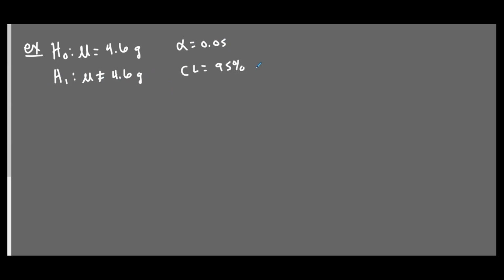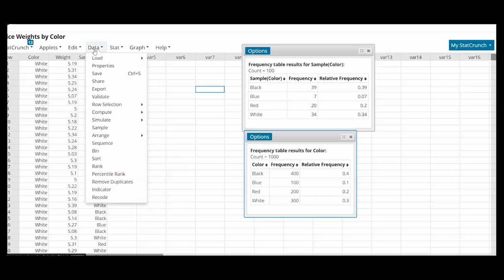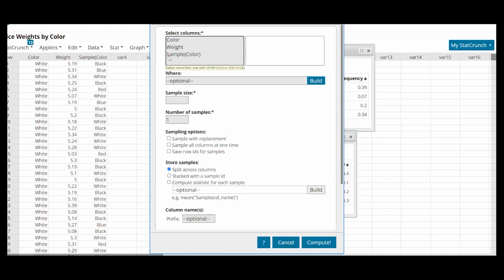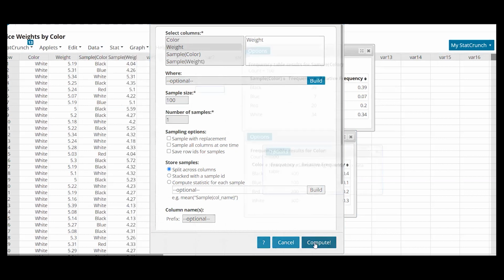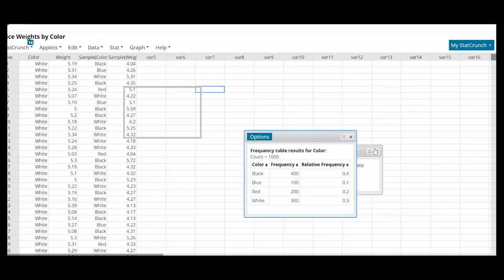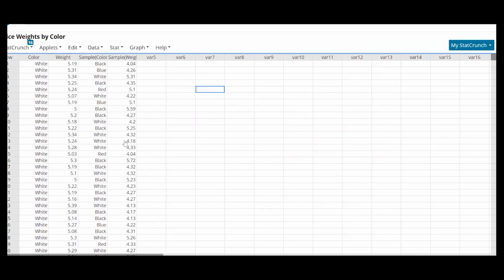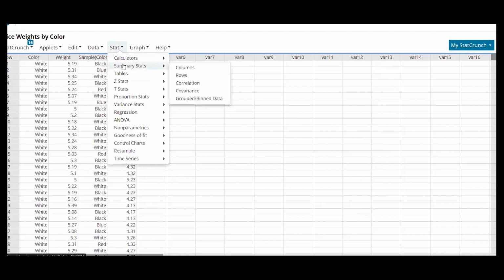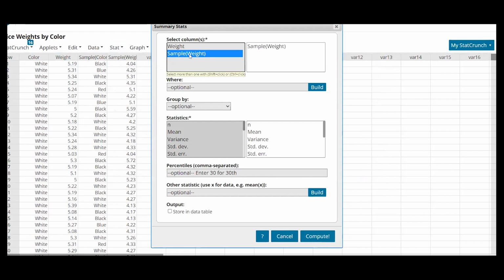So let's take a sample. Let's take 100 again. This time I'm going to sample the weights. I need 100 of the weights. So here I've got my sample of 100 weights. If I do summary stats on sample weight and pick the mean, that'll tell me the sample mean.